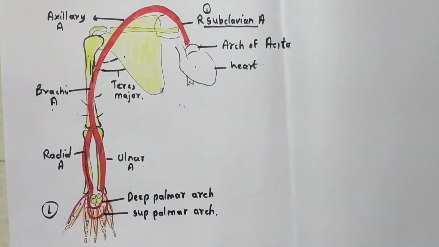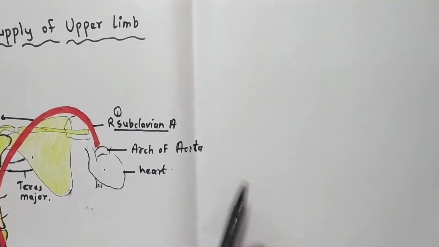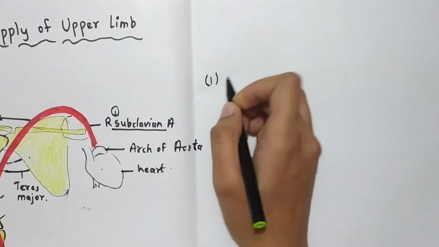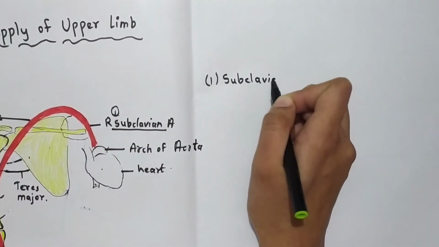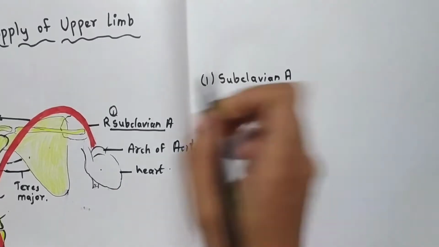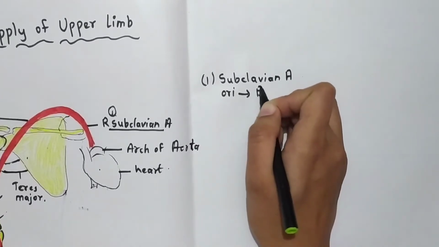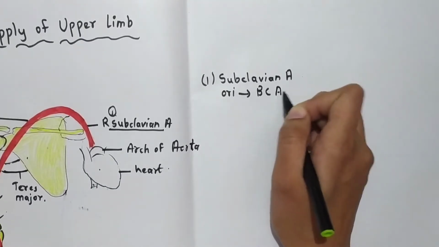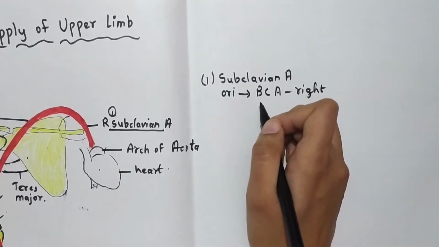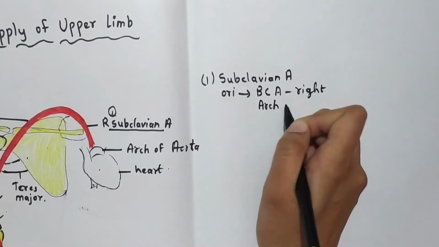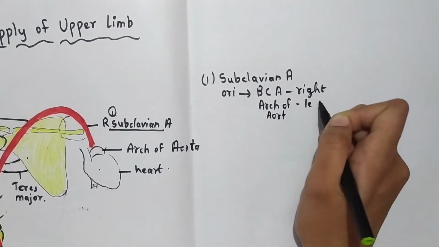We have seen an overview. Now let me tell you in some detail. So first is subclavian artery, which originates from brachiocephalic artery on the right side and arch of aorta on the left side.